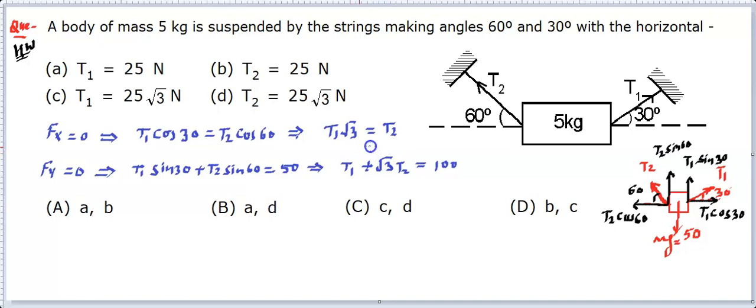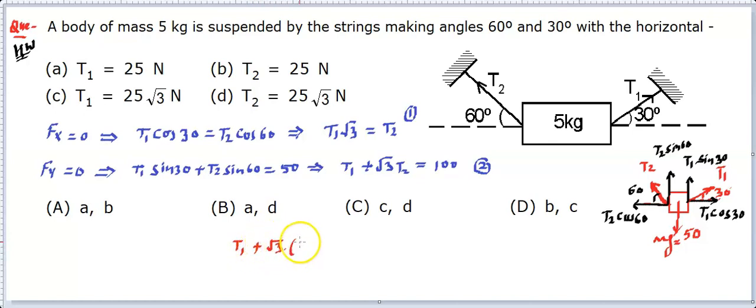Anyway, I have made the calculation quick, you can check it. So there are two equations, equation number 1, equation number 2. They can be handled together to find the values of T1 and T2. Then you can check which one is the corresponding answer. How to solve then? From the first you can substitute T2 into the second. So if we do so, it's going to be T1 root 3, I'm writing the second equation, so T1 plus root 3 times T2.